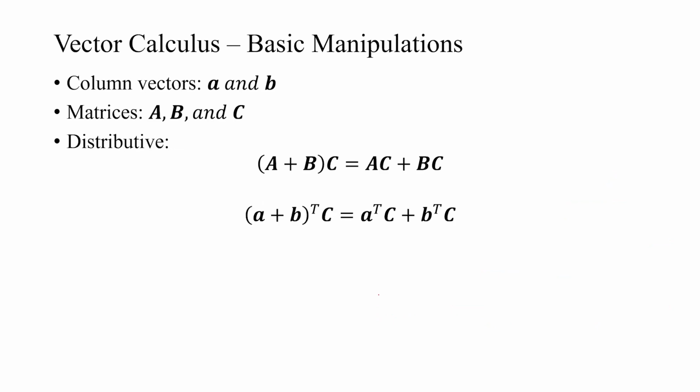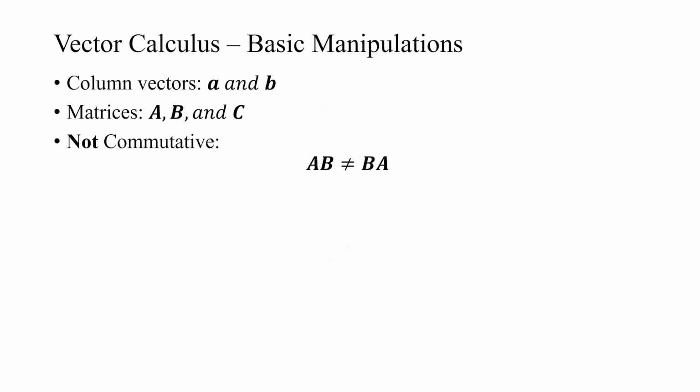And we can extend this to vectors, which means that if we have two vectors, A transposed plus B transposed, times C, it will be A transposed times C plus B transposed times C. The reason we use the transpose here is that previously, in that definition, we usually define the vectors A and B as column vectors, which look like this one. So you need to take the transpose to become a row vector and multiply by the matrix. Then it becomes something like what you have here.